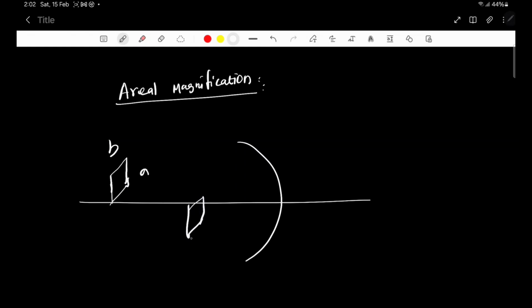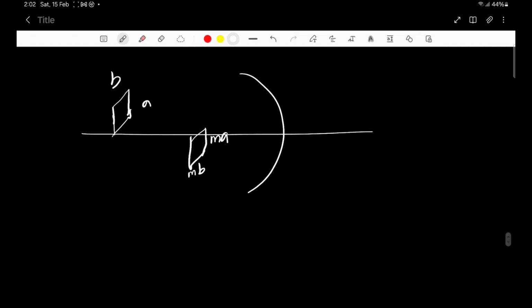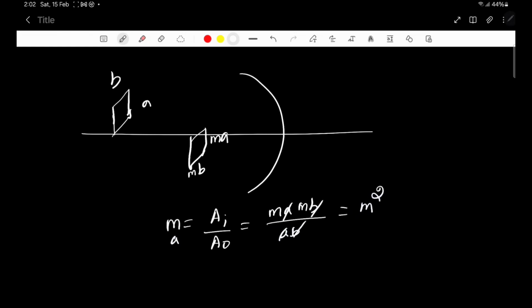Let us say its dimensions are magnified by m times, because the magnification is m at this location. We know very clearly areal magnification is nothing but the area of the image by the area of the object. We can write the area of the image as mA into mB, and the area of the object is AB. So, AB will get cancelled off, and areal magnification is equal to m squared.